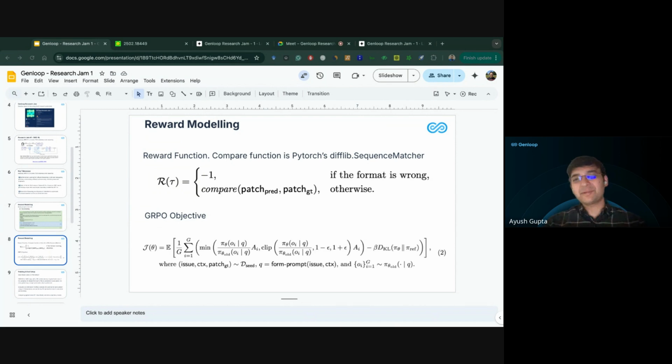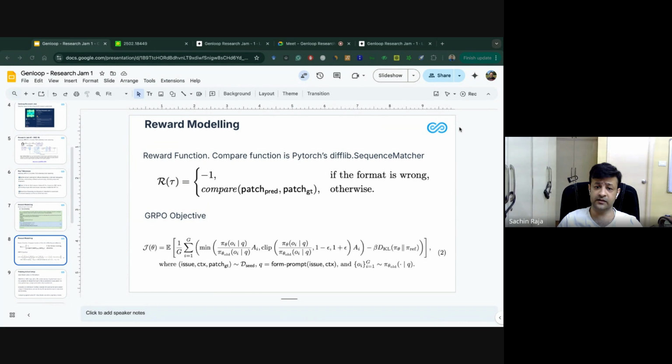I'm not sure. Line by line could be wrong because you have to look at the code in a distributed fashion. But maybe some kind of a better comparison rather than just a sequence match. What do you think? Yep, that makes sense. And also, the reward function need not be unidimensional, right?